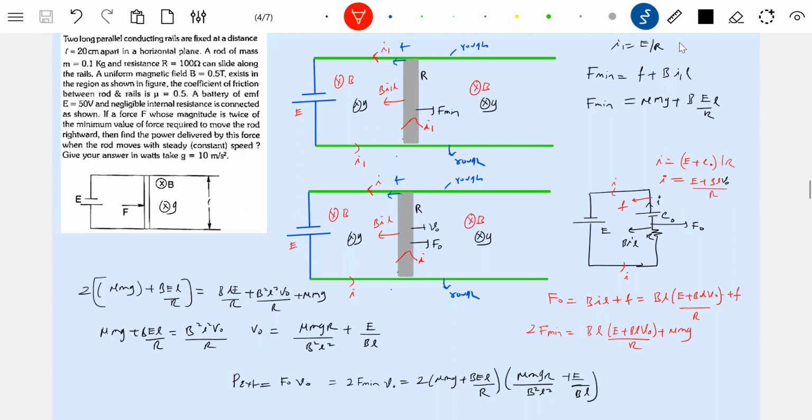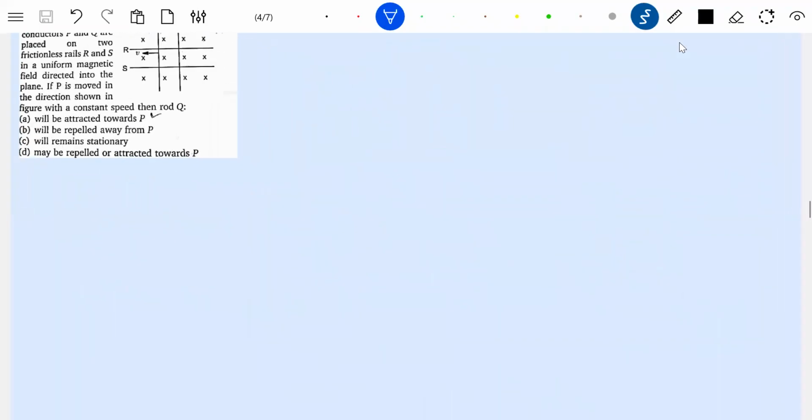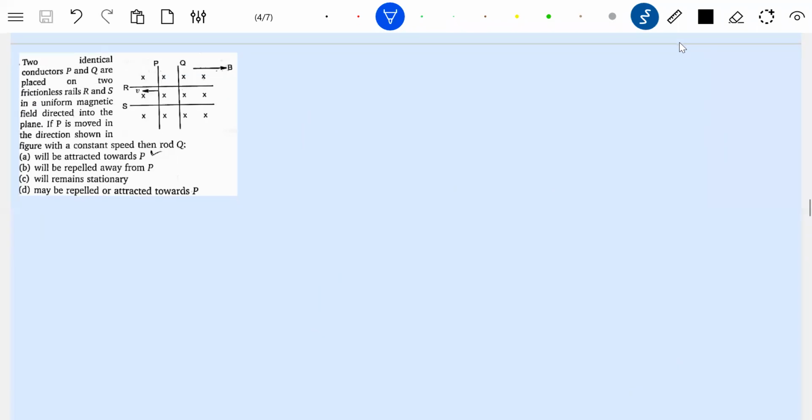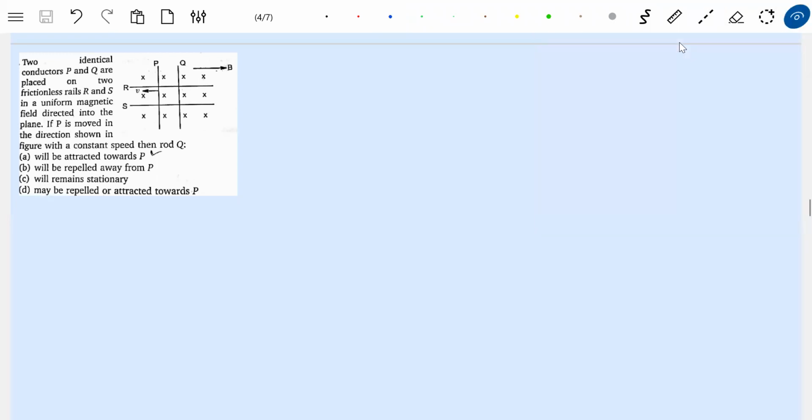Okay, this is that rod. Very simple idea-based one I picked. When you project this rod, flux linking it.